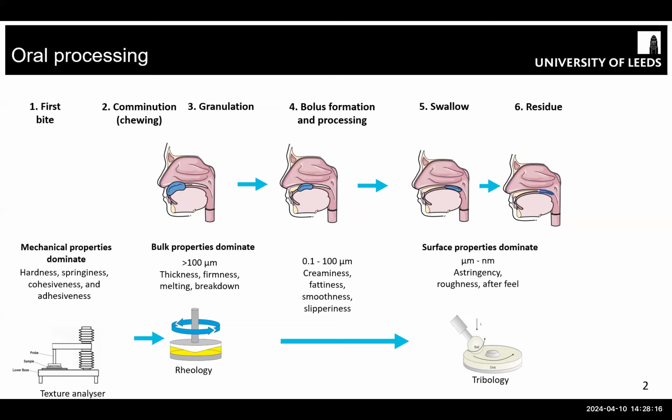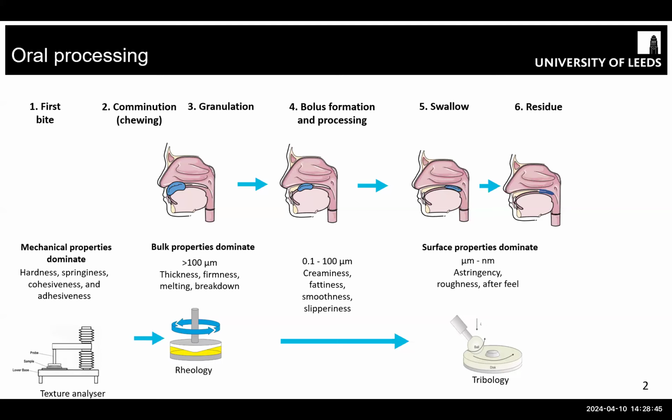So for the purpose of developing in vitro approaches that enable this rational design of food, oral processing has been split into six different stages. The first one is the first bite, then the comminution or chewing, then granulation of the food, then bolus formation, swallowing, and then whatever residue is left in our mouth.